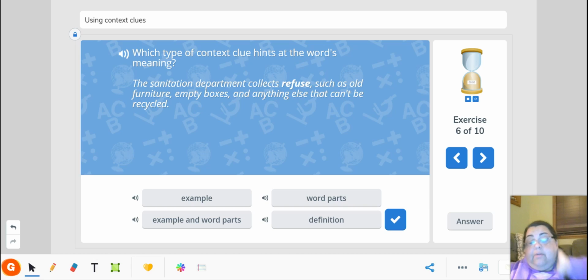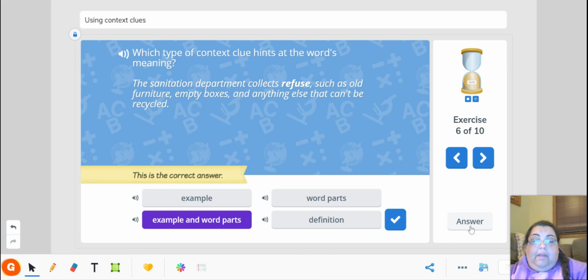First, you make yours, and then we'll answer together. 15 seconds. All right, I'm going to pick example and word parts. Go ahead and raise your hand and wiggle those fingers if that's what you've got as well. Let's check our answer. If you didn't get it, that's okay. Just rewind the video and try again.